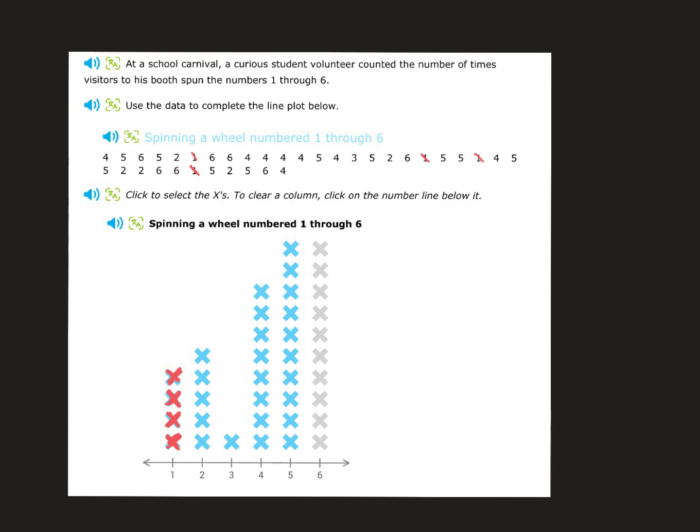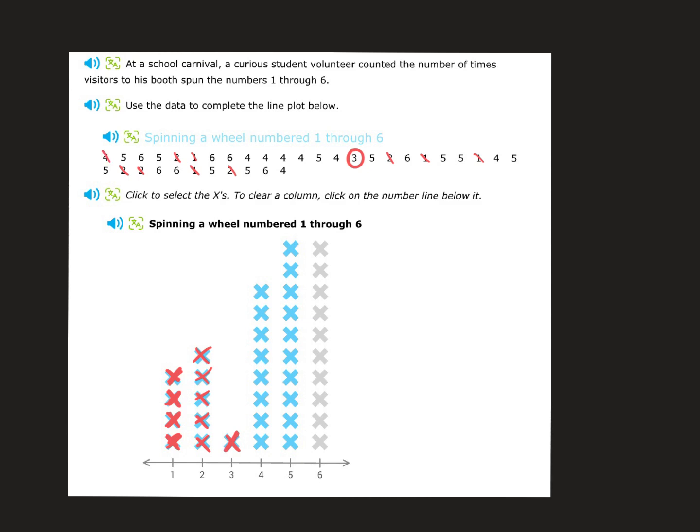I move on to 2s. So starting again, that's 1, 2, 3, 4, 5. And then I move on to 3s. I'm scanning. I only find 1 three. And then I count up my 4s.